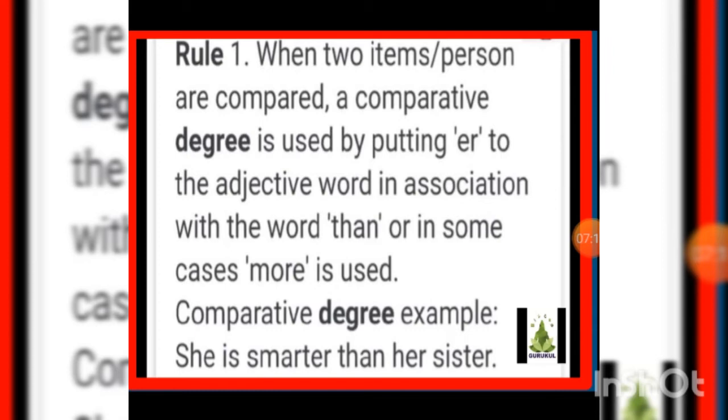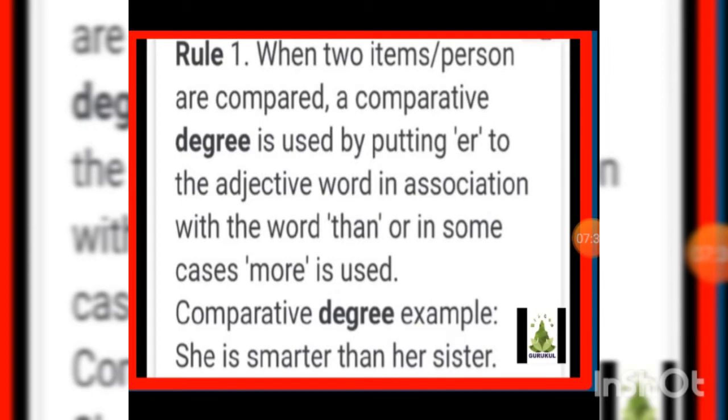Here the positive degree is smart, but we have added er to the adjective to make it smarter, isn't it? So it becomes, she is smarter than her sister.